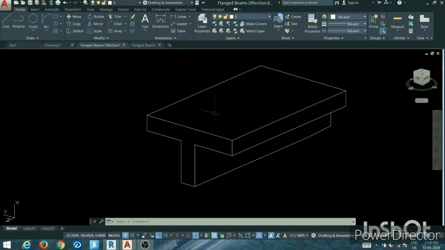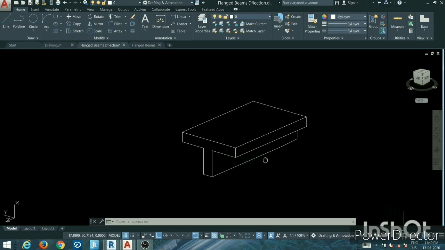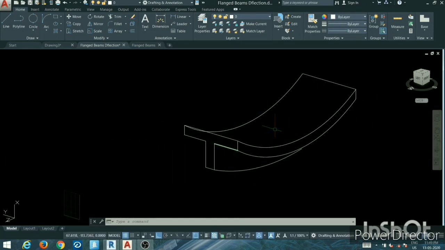So there will be loading on the slab. Loading will contain the floor finish, live load, self-weight of slab, and self-weight of beam, that we have already seen in the last video, right? Because of that loading, this whole component will be under deflection, and that deflection will be like this. Here you can see the slab and beam are deflecting together.